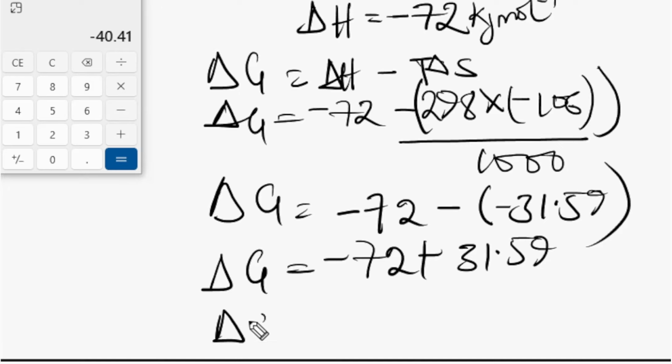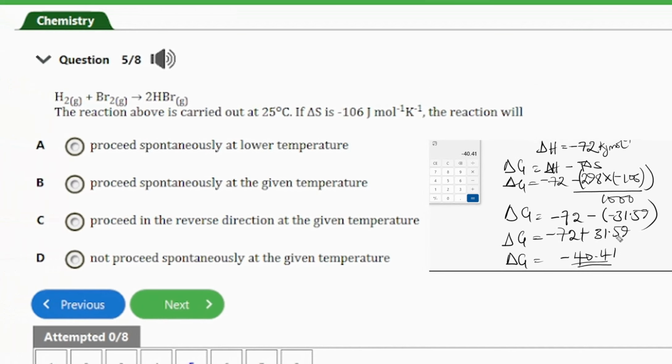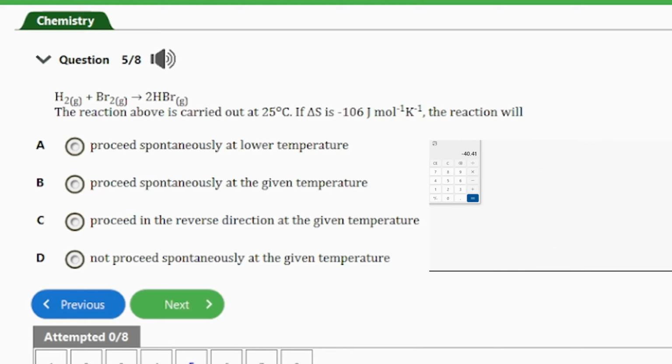So delta G will be negative 40.41. So guys, this indicates that this reaction will be a spontaneous reaction in the forward direction. So it means this reaction will proceed spontaneously at the given temperature. So guys, that will be the answer to this question, and that's option B here, guys.